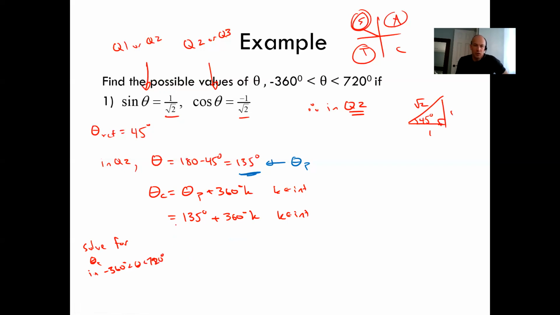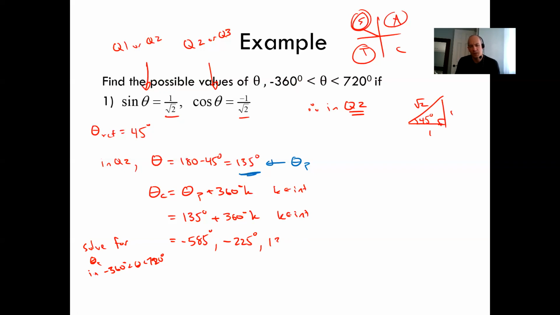So what we have to do, and we really don't have a lot of choice here, is simply make a list. We're going to list them all out. I'm going to start with 135. Now, we can't go lower than negative 360, so we simply subtract 360 from it. Negative 225 would be an answer, and if I subtracted 360 again, I'd be at negative 585.